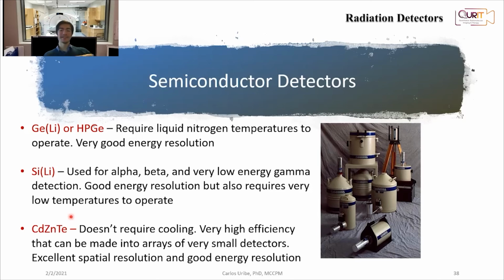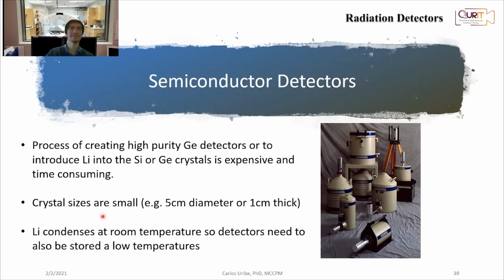They can operate very well at room temperature, and that's a very, very big advantage. And they can be made into arrays of very small detectors. So it's really hard to make a very big crystal of CZT, but they found applications when arrays of small detectors can be used. They have excellent spatial and good energy resolution, but we'll look into those details as we keep going.